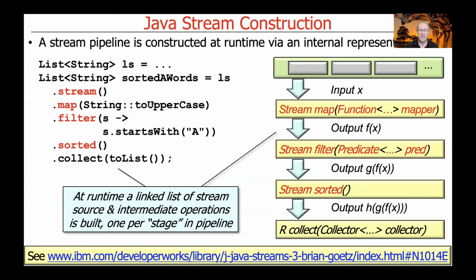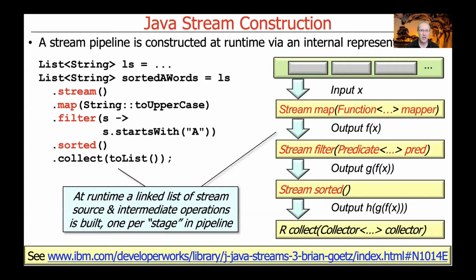What it means is that when your source code is converted into the runtime equivalent, the bytecode or the ahead-of-time compiled code, or whatever the representation is that your implementation of Java uses to create something that will execute at runtime, those intermediate operations don't actually do something right away.